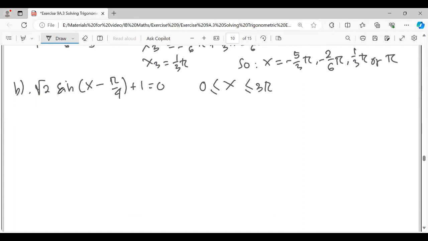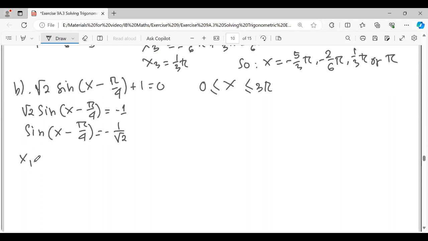So we have to arrange this equation first, becomes square root 2 sine x minus pi over 4 equals negative 1. So sine x minus pi over 4 equals negative 1 over square root 2. Okay.